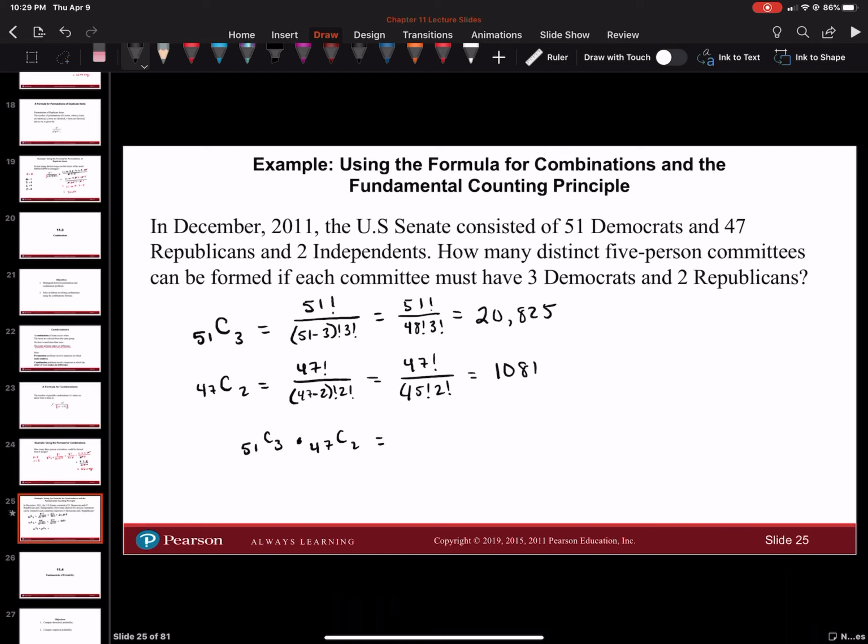And then we'll get 22,511,825. That's how many ways you can get the 5-person committees with 3 Democrats and 2 Republicans.